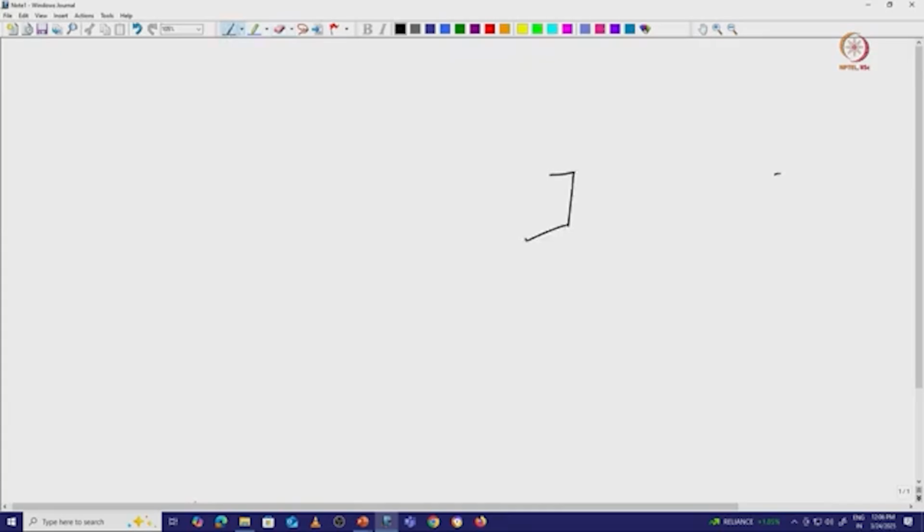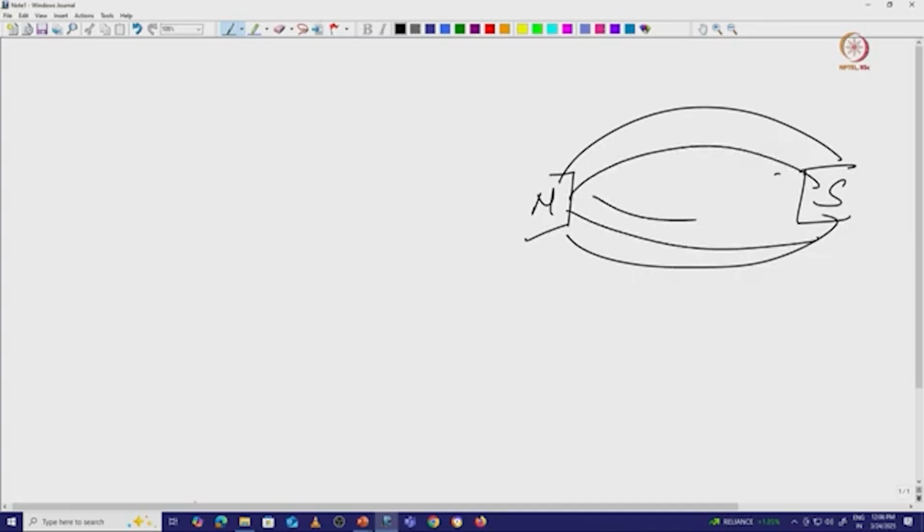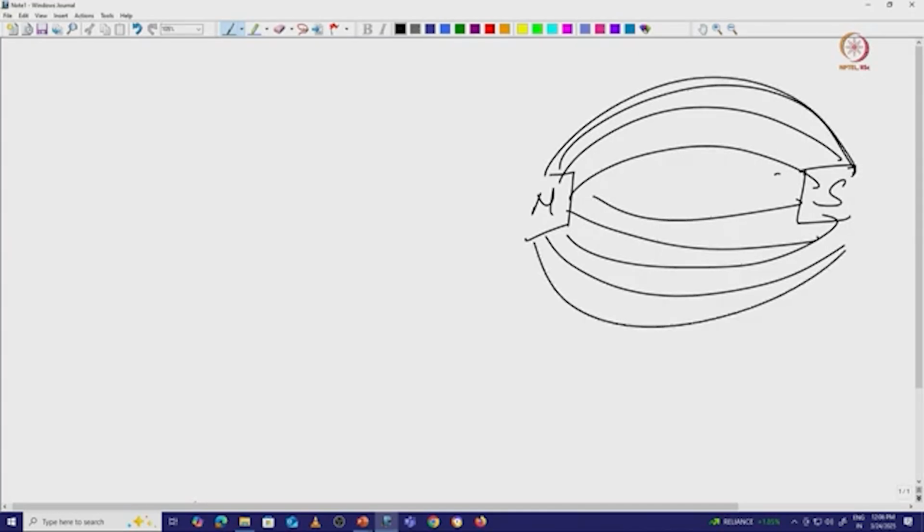So here you have a magnet, a north pole and a south pole, and there will be a magnetic field. Now consider that you have an electron trying to enter this magnetic field. It can enter in this direction, this direction, or this direction.